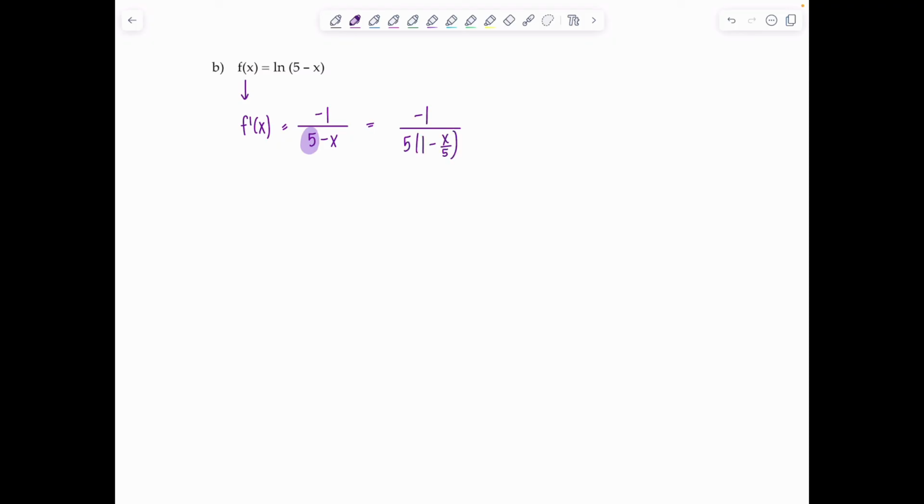You see that? And then I can write this as negative 1/5 times 1 over (1 minus x over 5). Okay, so f prime of x as a power series would be negative 1/5 times the sum, n equals 0 to infinity. You have something to the n. What's the something? X over 5. Good.